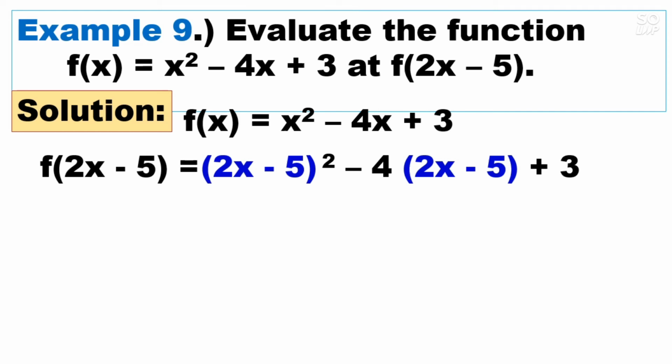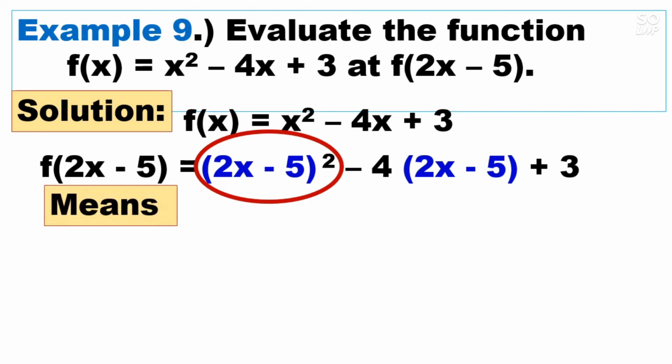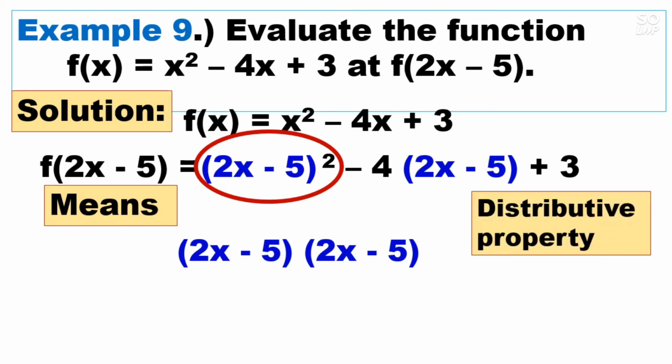Okay, so first step is the square of 2x minus 5. Okay, we simplify. It means that you multiply 2x minus 5 2 times. Okay, 2x minus 5 times the quantity of 2x minus 5. And then, I'm going to use the distributive property. So, 2x times 2x is equal to 4x squared. 2x times negative 5 is negative 10x.